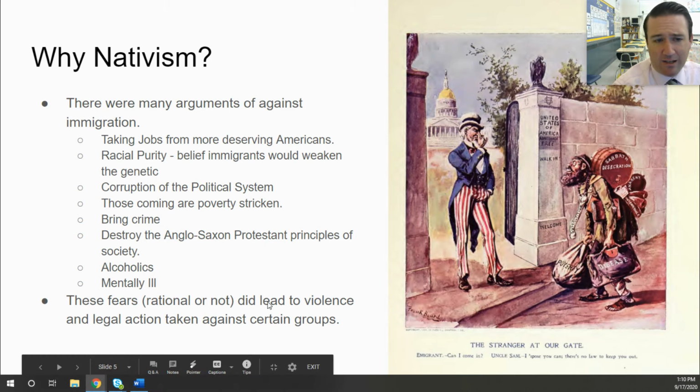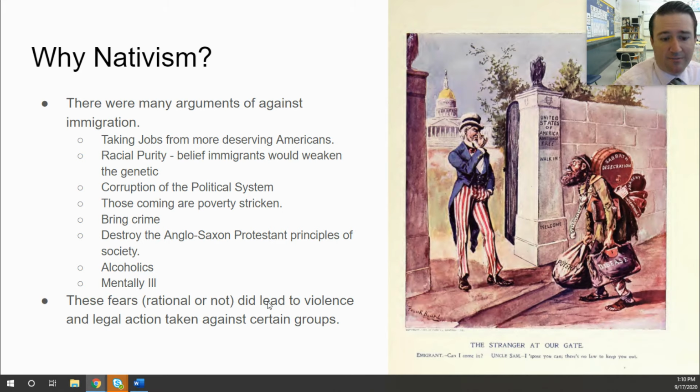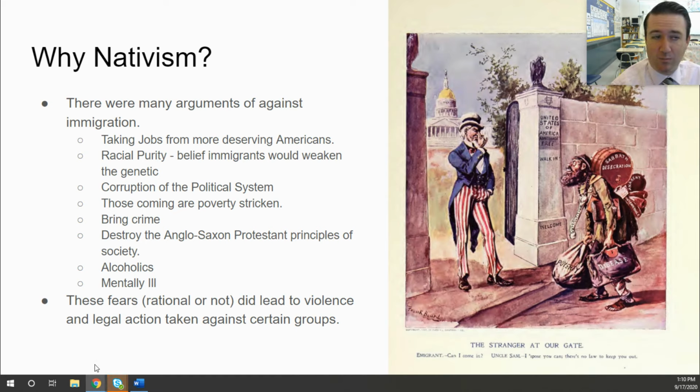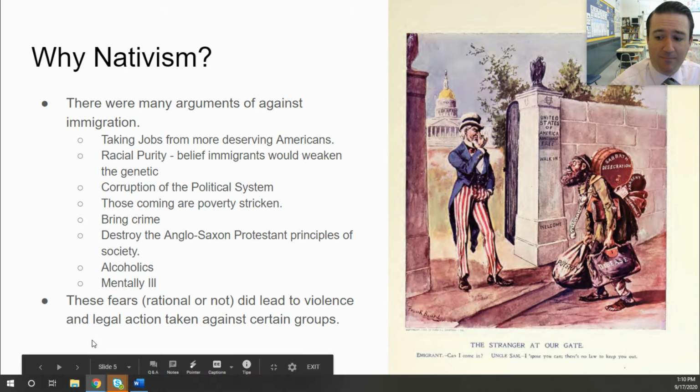And why is that? You can talk about specific examples for each of these groups, but overall, there is a lot of fear that when these migrants come, one of the top reasons is that they're stealing jobs. And stealing is a term that a nativist would use.